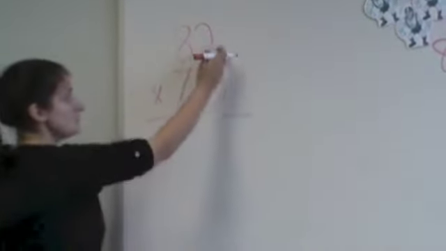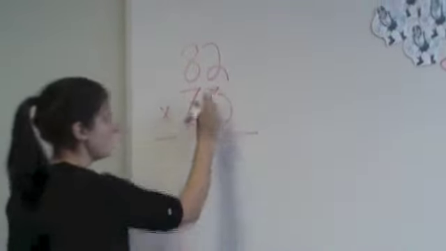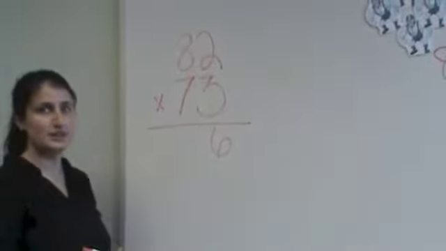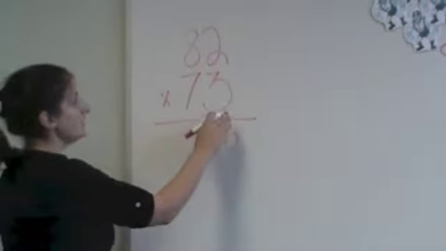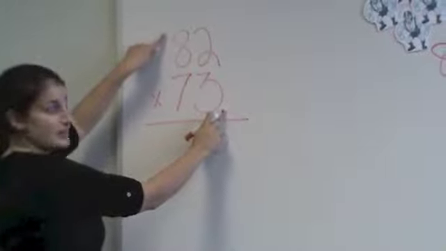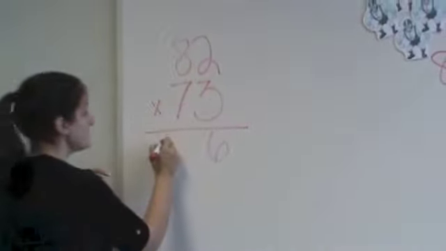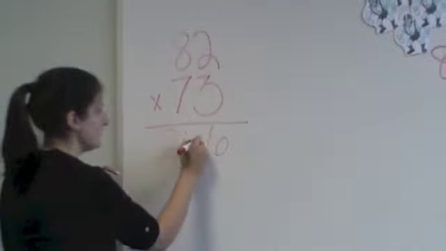So we do 2 times 3, which is 6, and we place our 6 directly underneath the 2 and the 3. Then we're going to take this 3 and multiply it with our 8 up here. 8 times 3 is 24, and we're going to place it directly below the problem here as well.